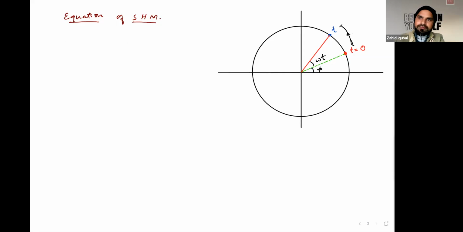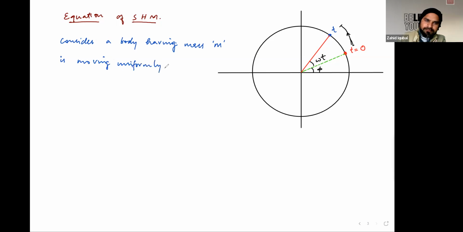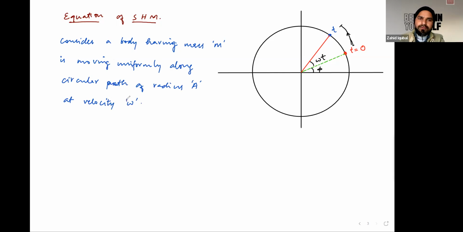Now let me define this. Consider a body having mass m moving uniformly along a circular path of radius A at angular velocity omega.